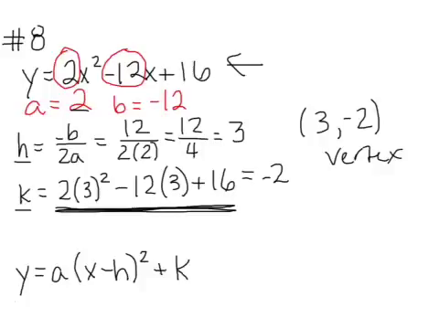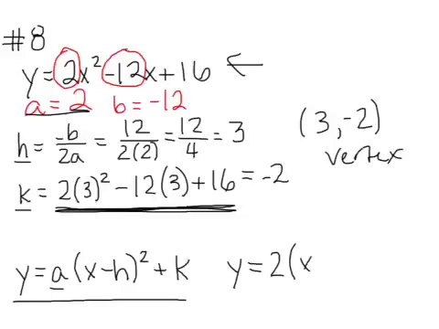We've got to put it in exactly as this formula down here tells us. So we'll write y equals, okay, what are we going to plug in for a? Well, our a is right here. A equals 2. So we're going to plug in the 2 for a. Now, this is where it gets a little bit tricky. Go ahead and do your parentheses x.